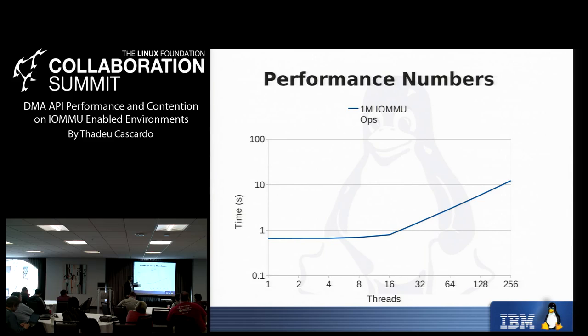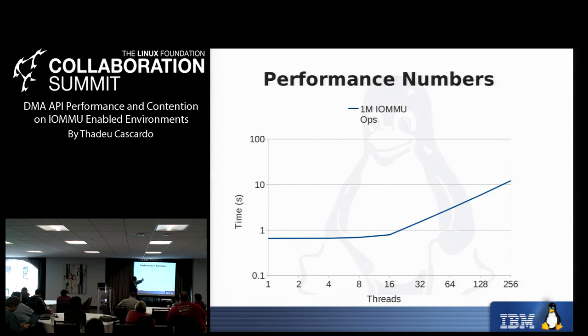And this is a system with 16 cores, but I was running on a partition that had about 11 cores dedicated to it. So what we have here is that until we reach the number of cores that we have, we can still do 1 million operations in about 0.6 or 0.7 seconds.